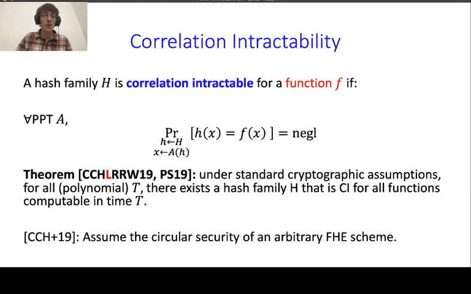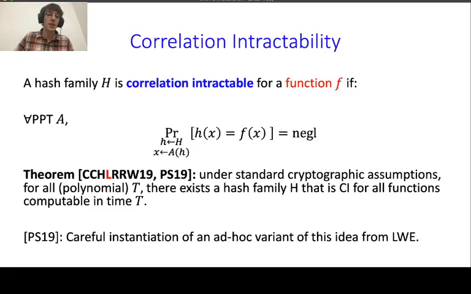In the original construction, we did this by assuming that we had a fully homomorphic encryption scheme that satisfied a circular security property. That is, it satisfied some security property where the message you were encrypting was related to the secret key of the encryption scheme. So it was nice, but it had a slightly stronger security property than we wanted. This was later improved by Peikert and Shiehian to remove the circular security assumption and just rely on plain learning with errors.